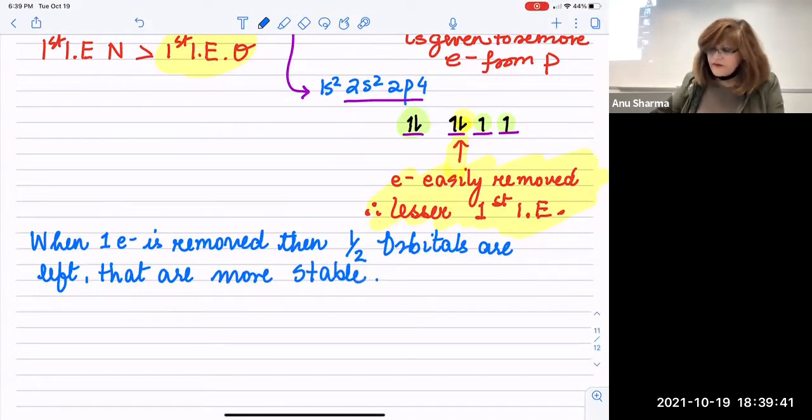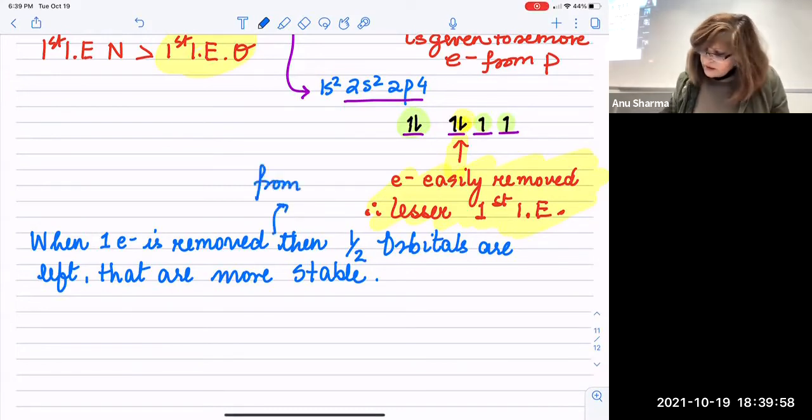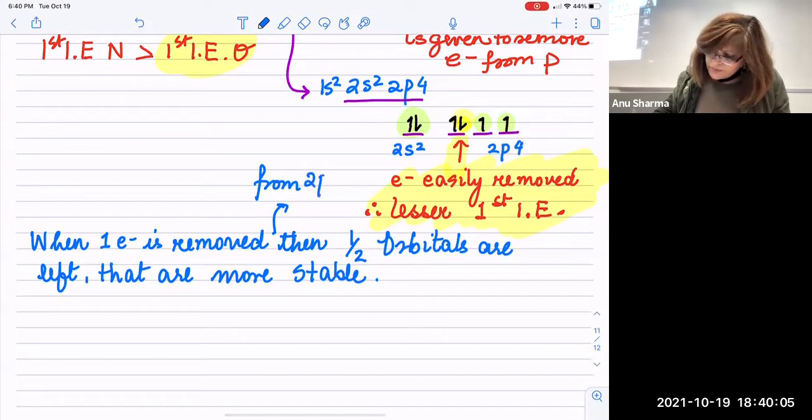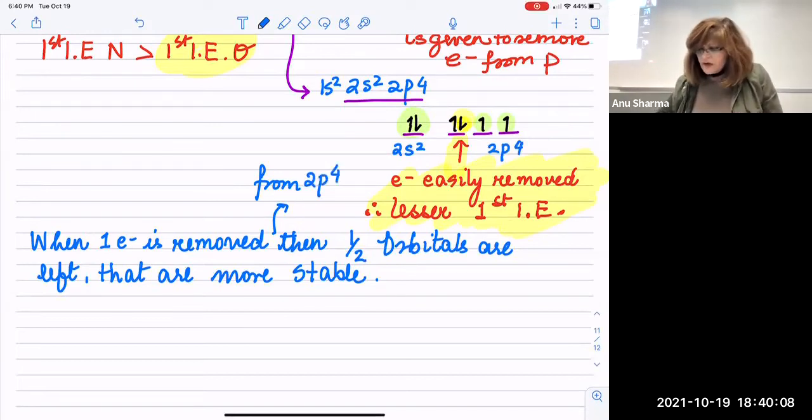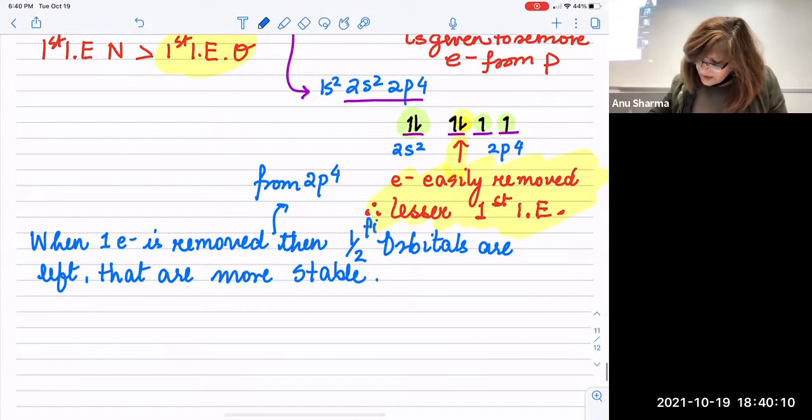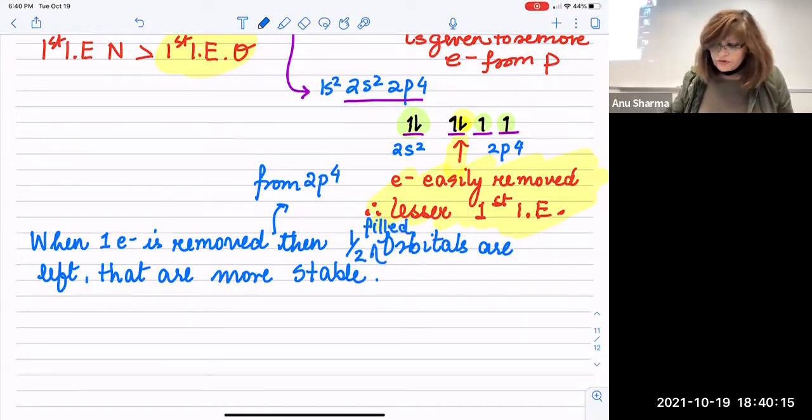When you remove that one electron, there are three left, half-filled. So keep that in mind: when one electron is removed from 2p4, with the 2s2, half-filled orbitals are left, and so they are more stable.